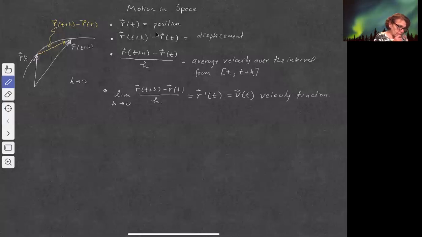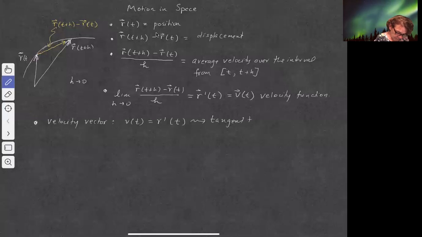So we can conclude that the velocity vector is v(t), which is the same thing as r prime of t. And we know that, because it's r prime of t, it is tangent to the curve at t.